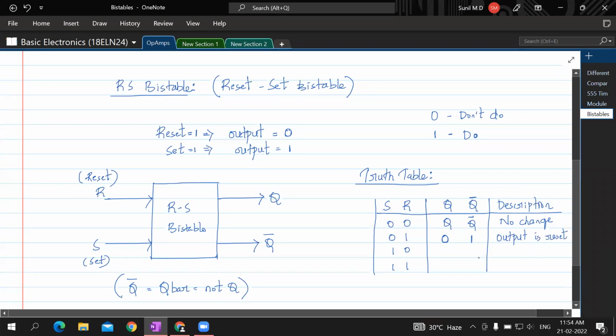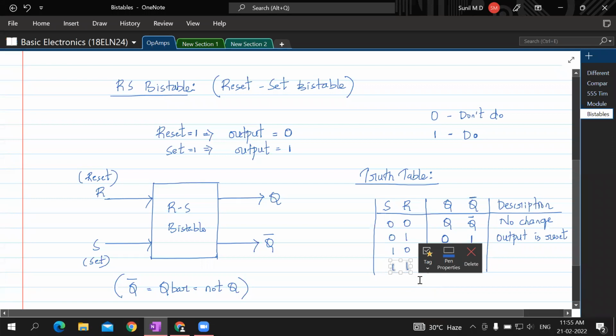On similar grounds, if S is 1 and R is 0, it is telling us to set the output. Setting the output means making the output Q 1, which means that Q bar would go 0. Understand?